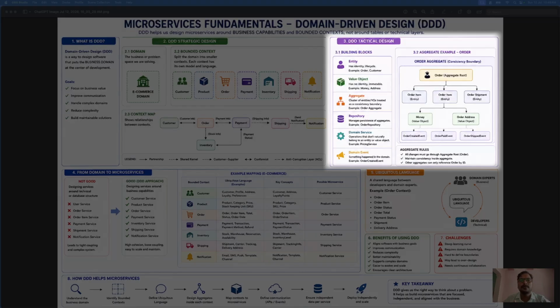Even if its properties change, it is still the same object. For example, a customer, a product, an order, an employee. Suppose a customer changes their address, they are still the same customer because their customer ID hasn't changed. Identity makes an entity unique, right? Next is the value object.